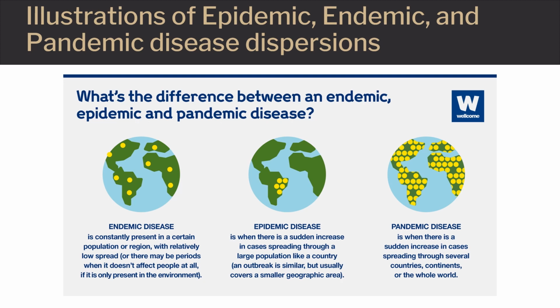In the center graphic, an epidemic disease classification normally affects a specific area of a given landmass. Remember that an epidemic is a sudden increase in the amount of disease over and above what is normally expected for that disease. Finally, the far right graphic illustrates a pandemic disease state, whereby a disease has spread across the entire planet in significantly high amounts.